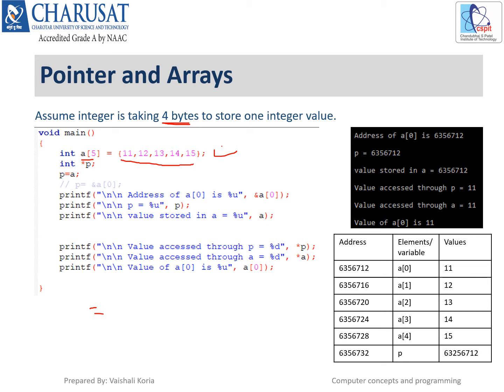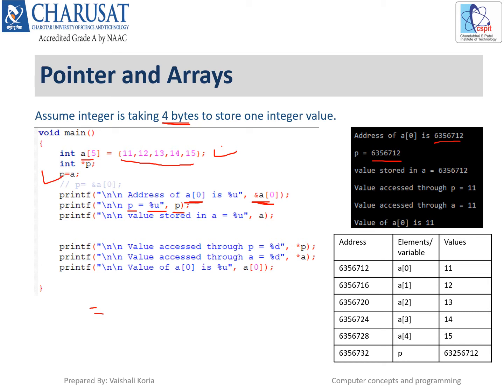If you want to print the address of a of 0, you can see here the output is 6356712. Okay, and if you want to print the address using the pointer variable, so if you print the value of p, then it would be the same as the previous output, because p and address of a of 0 are both the same because of this assignment.